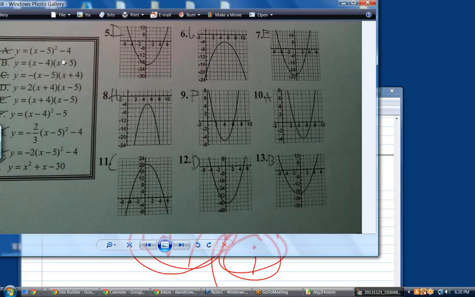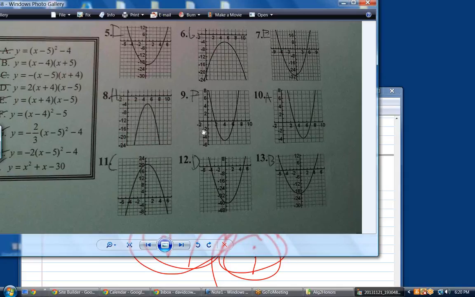That's in factored, x-intercept format. In other words, we know immediately the x-intercepts are 4 and negative 5. And it's got to open up. So where is 4 and negative 5? 13. It's the only one. It goes through 4 and negative 5.